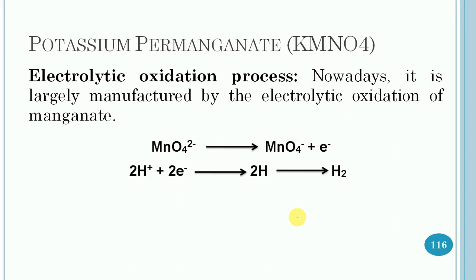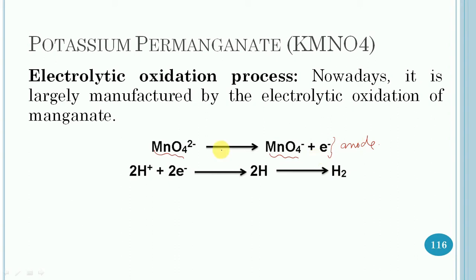The oxygen liberated at the anode converts manganate into permanganate. So this is the reaction that will take place at the anode.